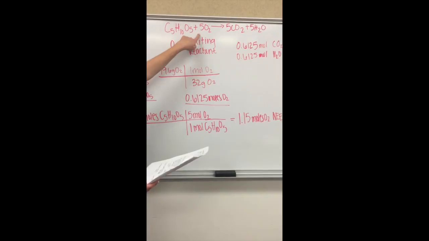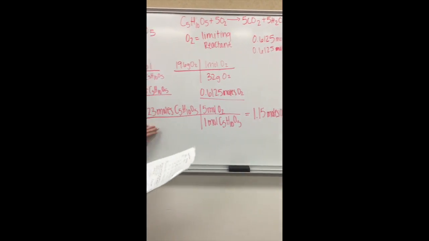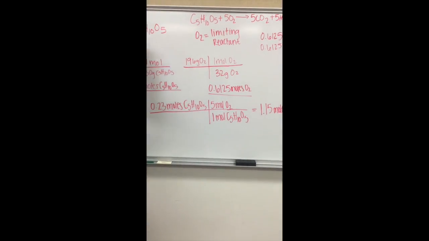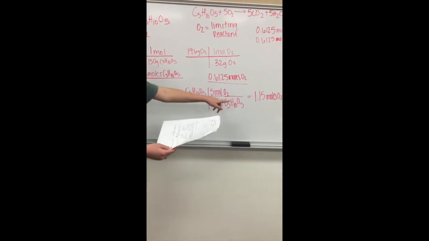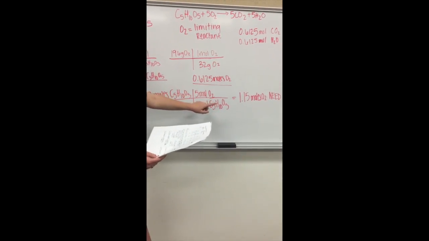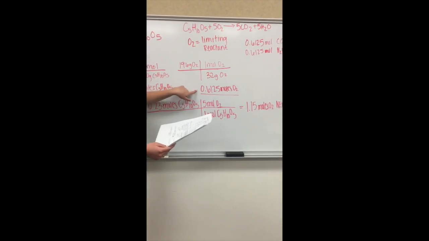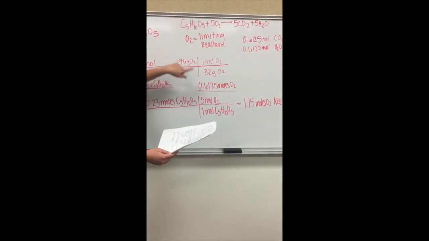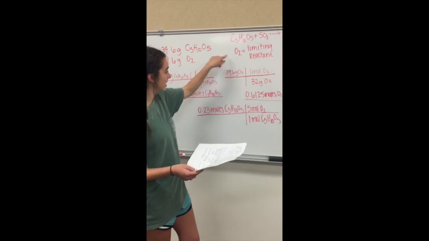So then we use our ratio from our balanced equation, and we know that for C5H10O5 to oxygen, the ratio is 1 to 5. So then we can use that to find out how many moles of oxygen we're going to need when we're given 34.6 grams. So when you do the math, you need 1.15 moles of oxygen, but we're only given 0.6125 moles, so we can figure out for question number 7 that oxygen is our limiting reactant.